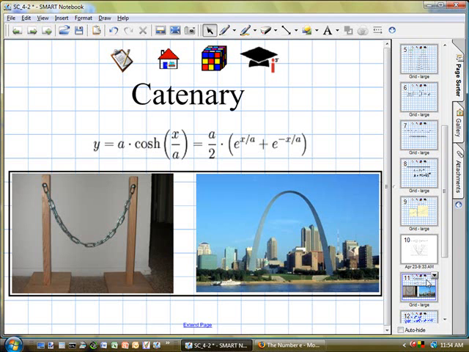Well, then it's not a catenary. But if you let it hang freely in its own weight, as you can see on the left, a chain or a rope or whatever, then that forms a catenary. And the reason I've got the St. Louis Arch on there is because the St. Louis Arch is an inverted catenary. That's how it was designed.